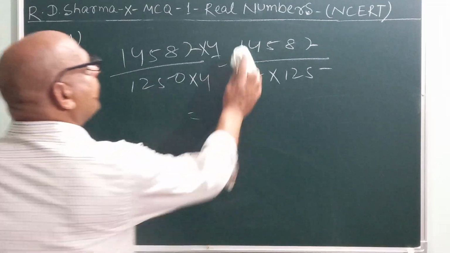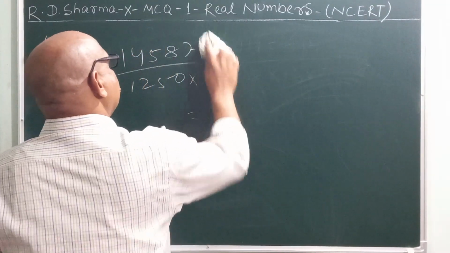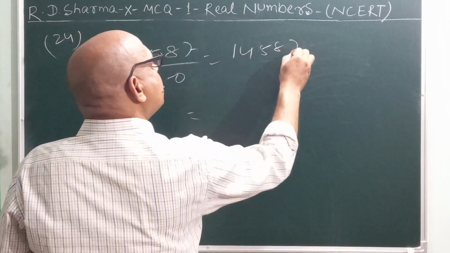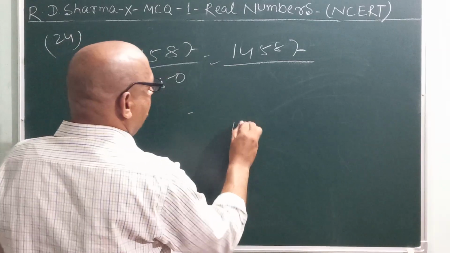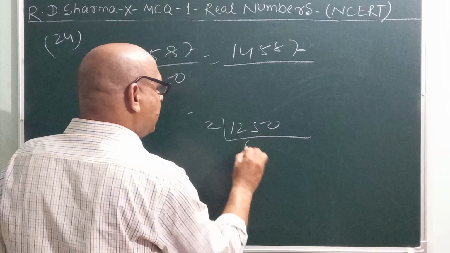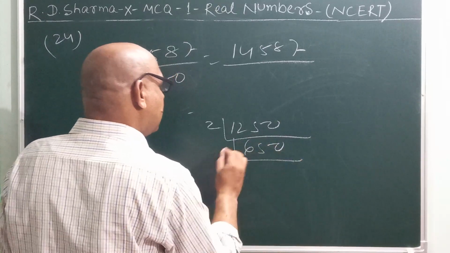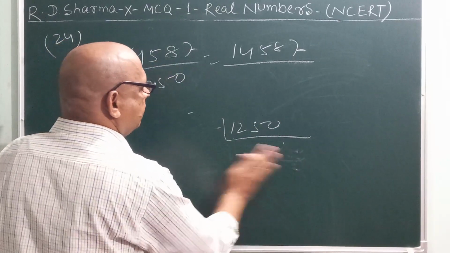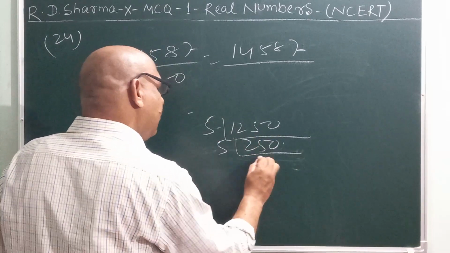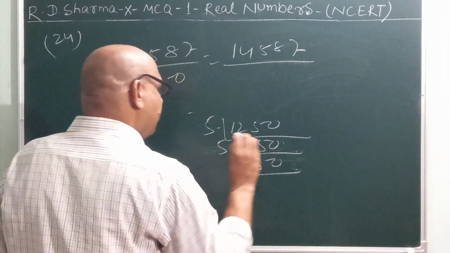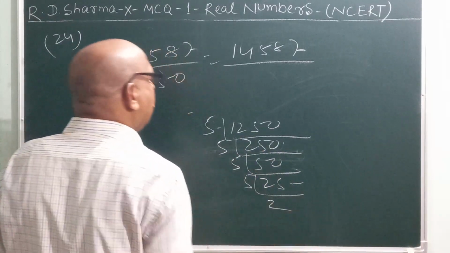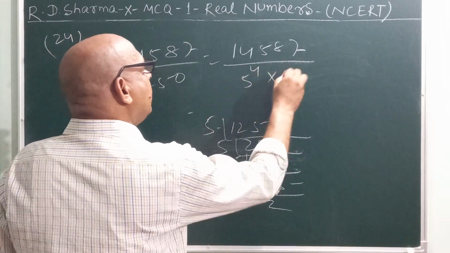Not clear? Okay, then 14587 by 1250. 1250 is 2 into 5 into 5 into 5, that is 2 into 5 to the power 4.